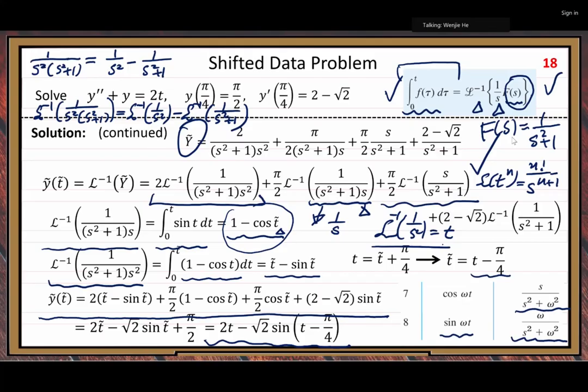Then the second one, sine omega t. So this one we can write sine t. Now if we get back to this question, we use t tilde minus sine t tilde. See? The same as the one here.